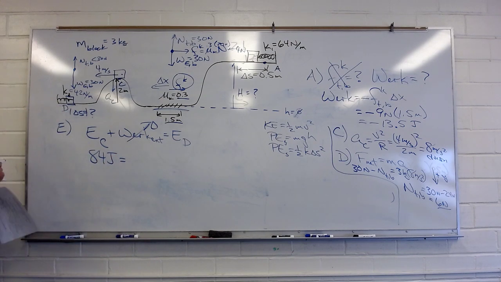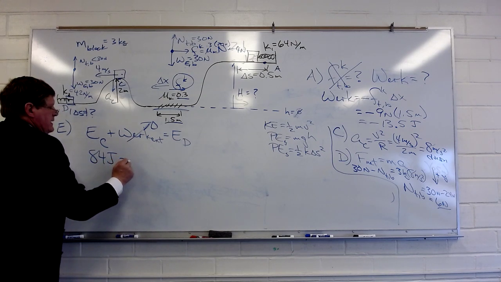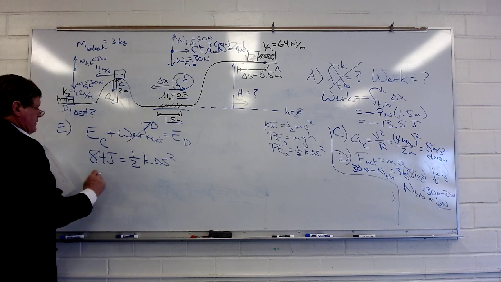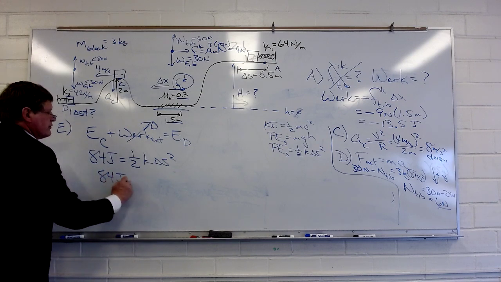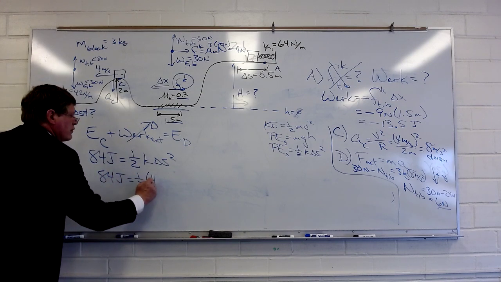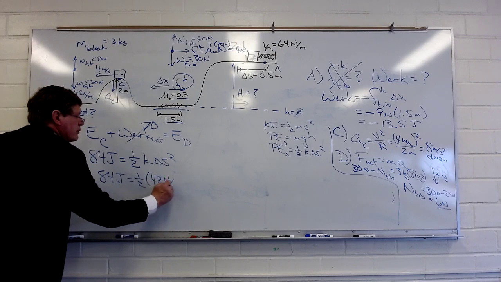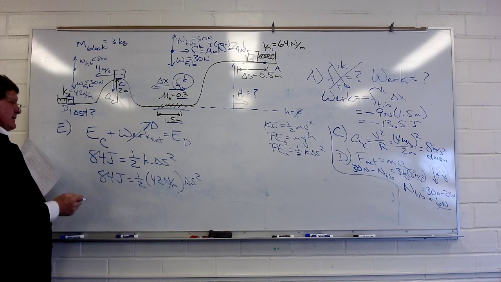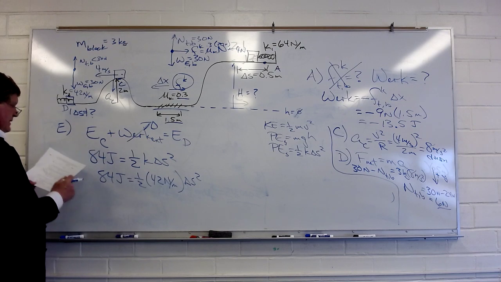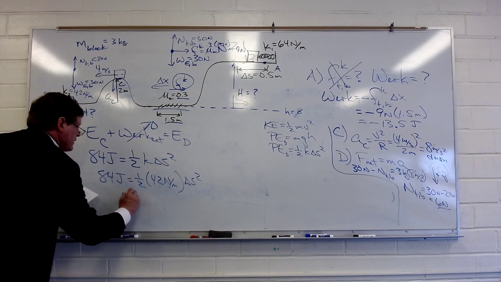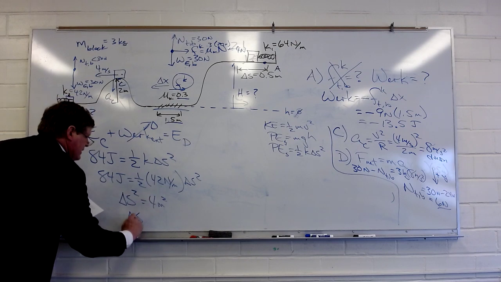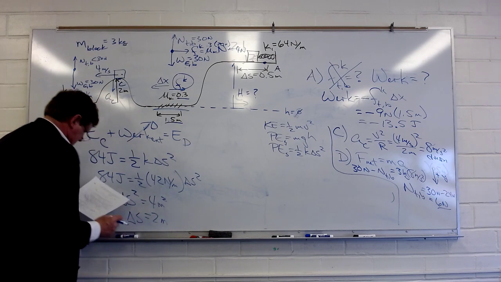And when it gets down here, that's going to be all in the spring energy, 1/2 k delta S squared. So that means 84 joules is equal to 1/2 times 42 newtons per meter times delta S squared. And now what that gives me is that delta S squared is equal to 4 meters squared, where delta S is equal to 2 meters.